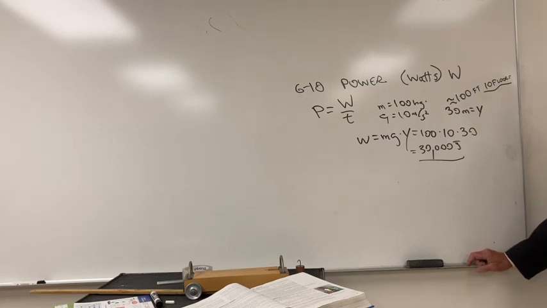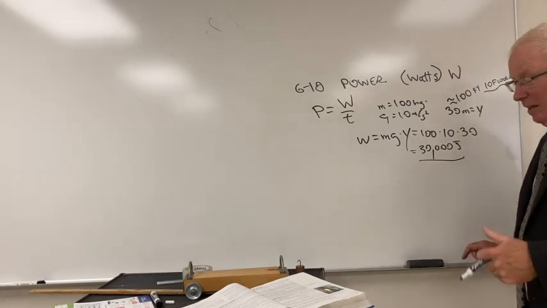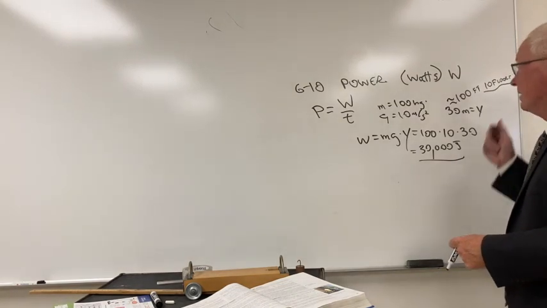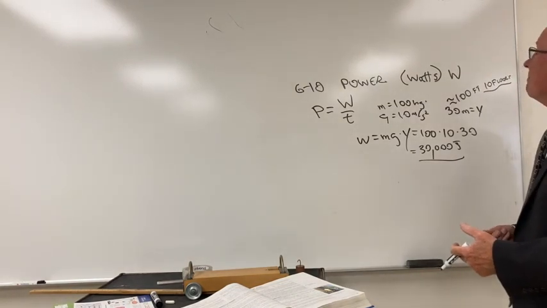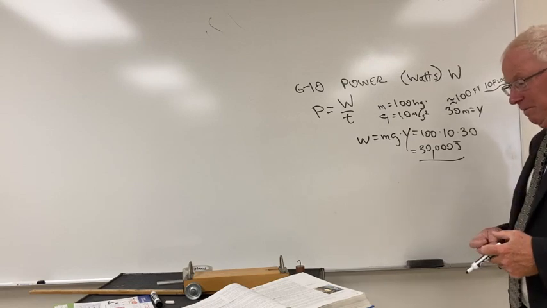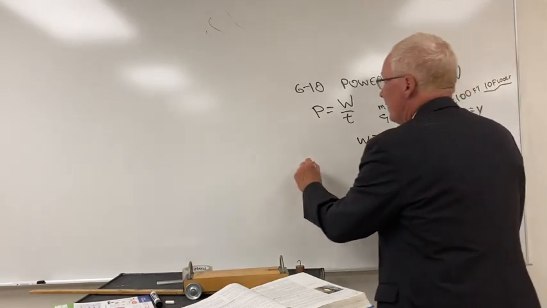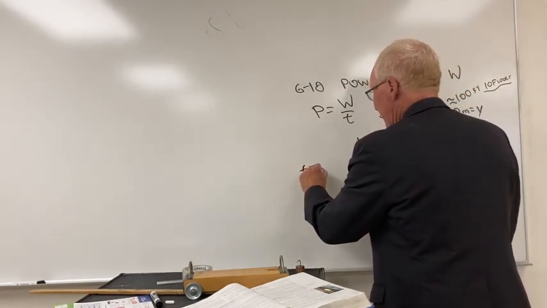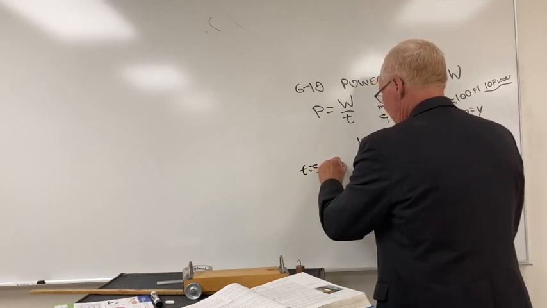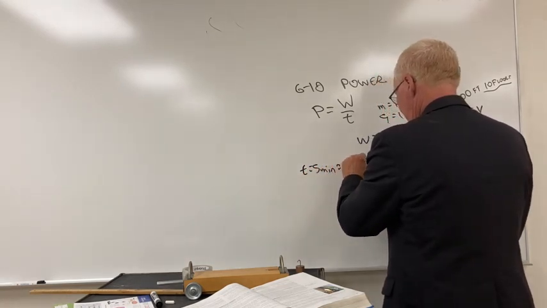Now, if you do it slowly, so you walk up, you take it very slowly, and for 10 floors, say it takes you 5 minutes to do it. Say the time is 5 minutes, which is roughly 300 seconds.